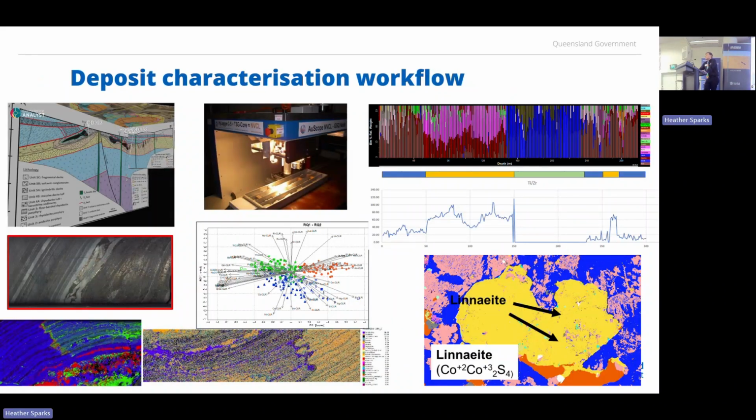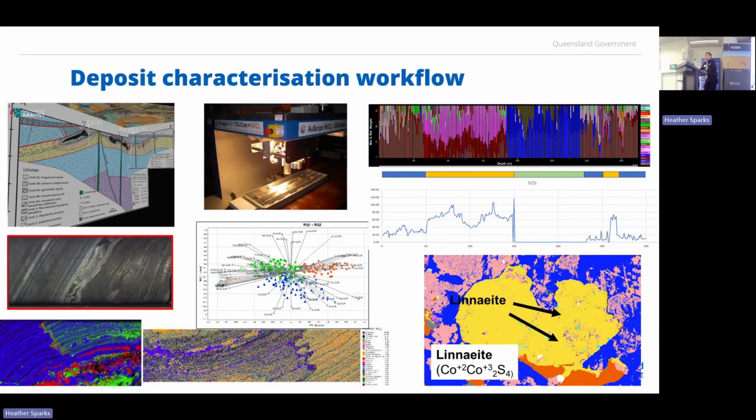In all deposits which we study as part of the program, there is a consistent workflow. It all starts from collecting fundamental information about deposit geology. Lots of this work in recent years has been done by the University of Queensland, with several phases of the deposit atlas program. I'm pretty sure most of you will be well familiar with it, and if you haven't checked, it's a wonderful source of information.